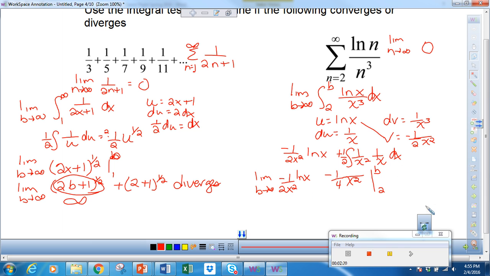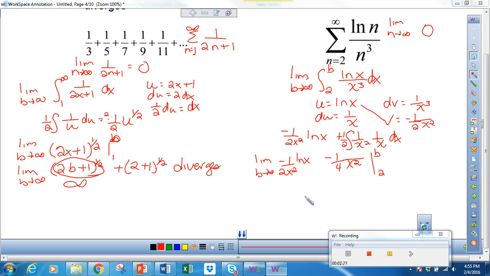Now, as I substitute in, I get negative 1 over 2b squared, natural log of b, minus 1/4 b over b squared.